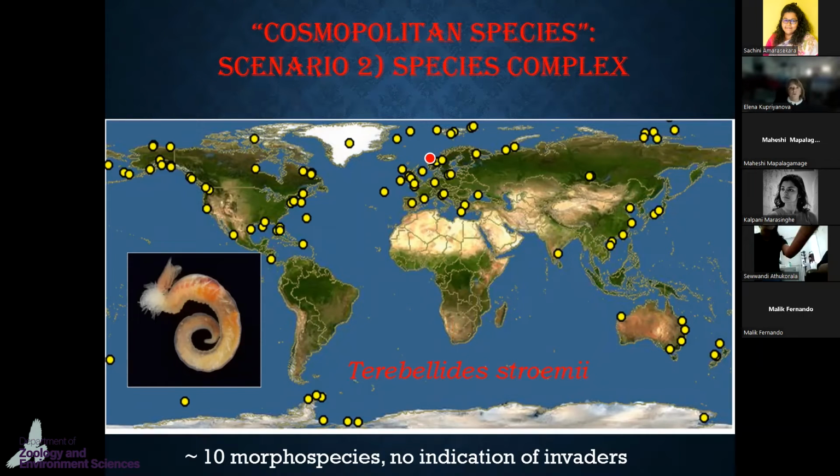It used to be widely reported around the world and it was originally described from Norway. However, even a single dedicated study uncovered 10 species based on morphology alone. And most recently, about a dozen or more species were discovered around Norway, based on DNA only.